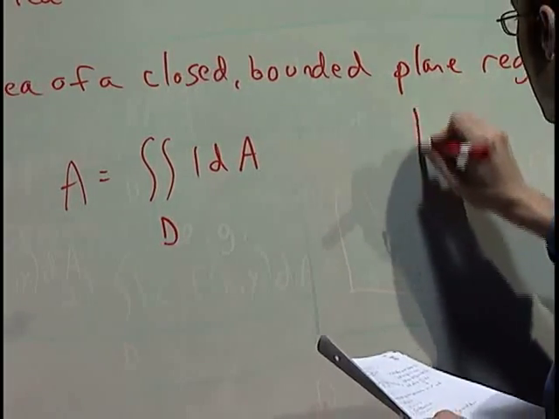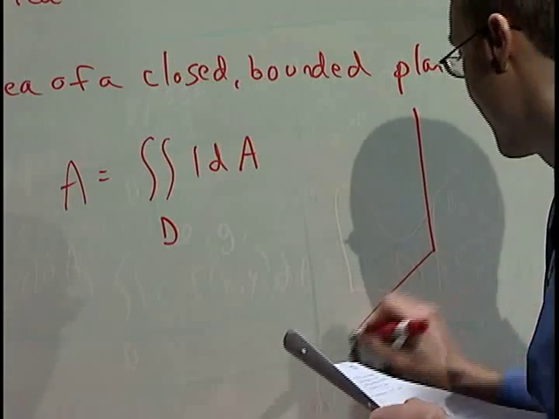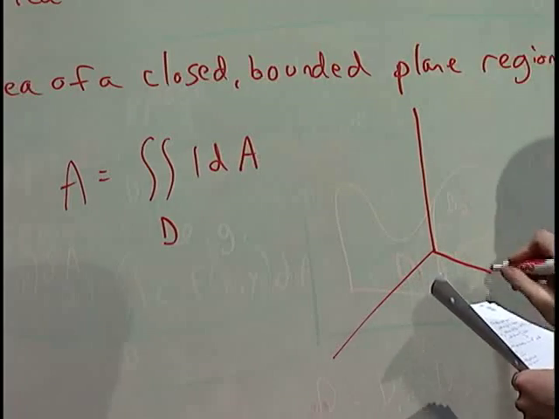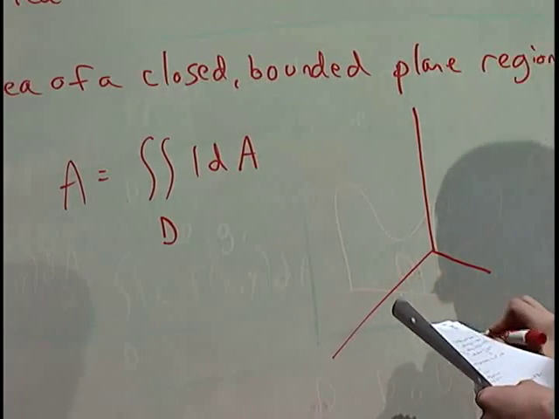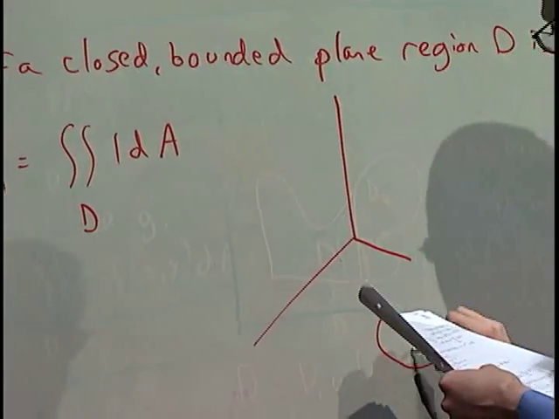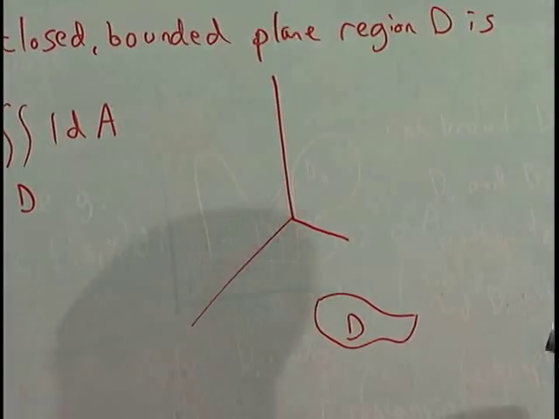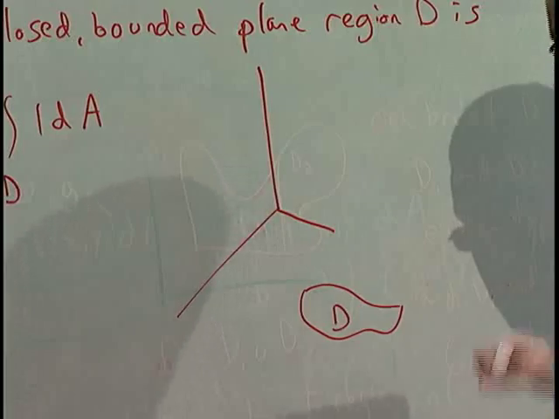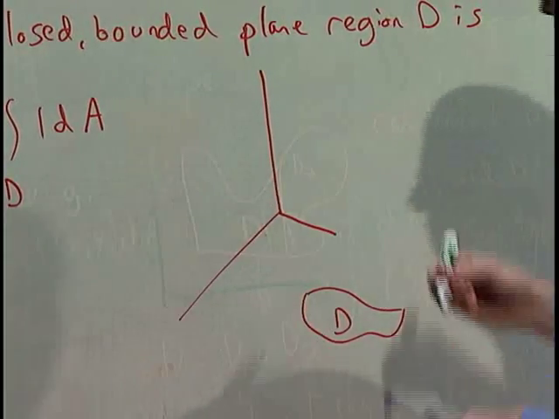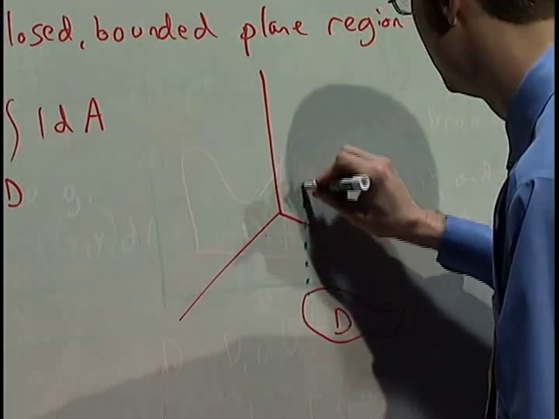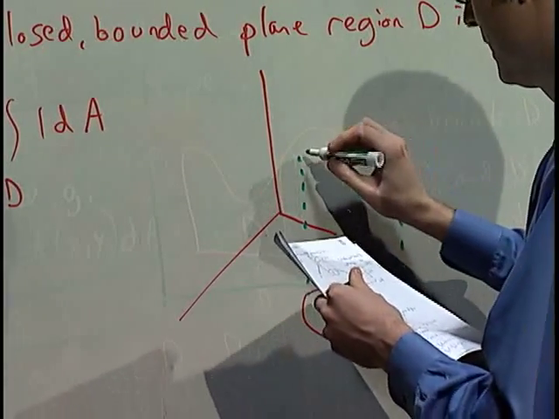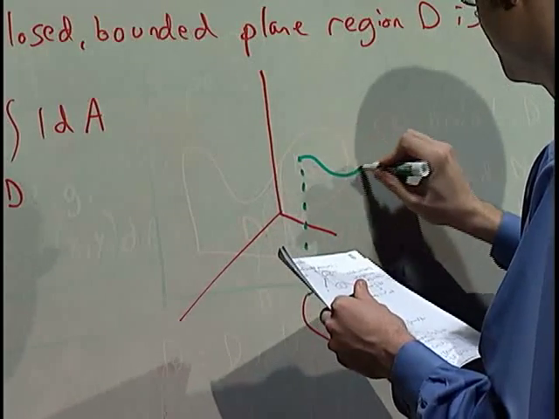So let's make a picture here. Let's say I have some region D. Let's put it down here. So there's my region D, and then say I draw it up so that it meets the plane z equals 1.